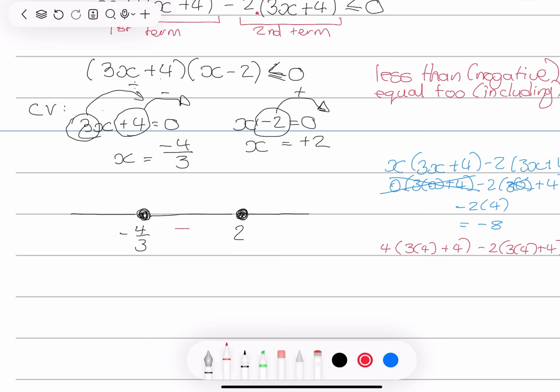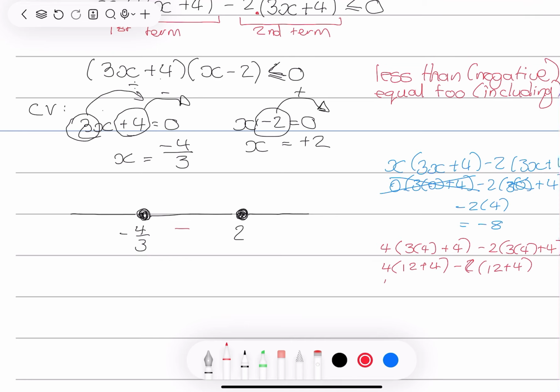Right, so you have 3 times 4 is 12 plus 4 minus 2 bracket, 3 times 4 again is 12 plus 4.